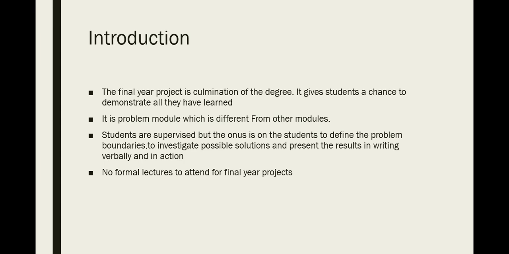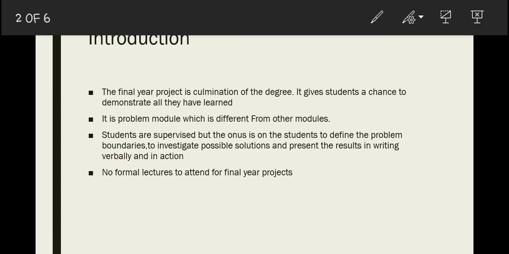Speaking of the final year project, this is like a culmination of the degree. That means it is the highest point, which shows your attainment of your degree. It gives you as a student a chance to demonstrate all that you have learned. Remember, while you were taking your degree, you learned several courses.